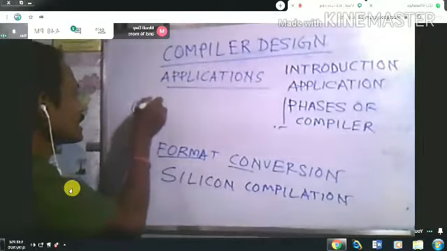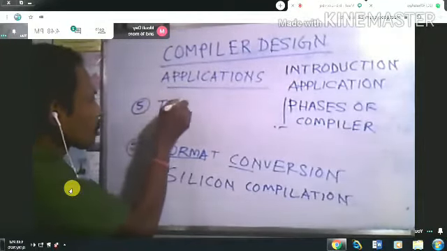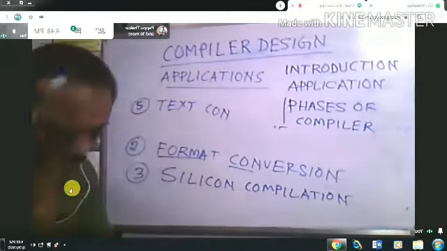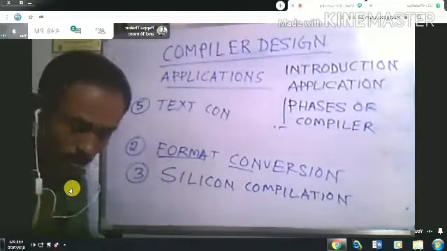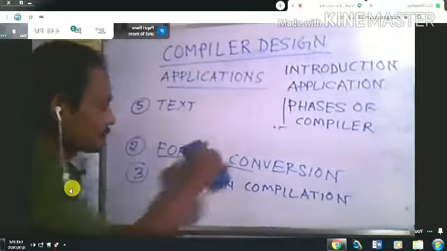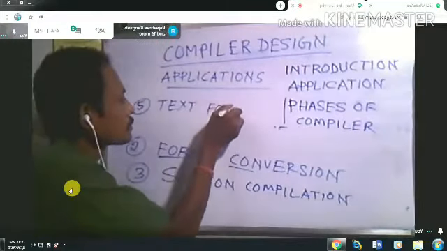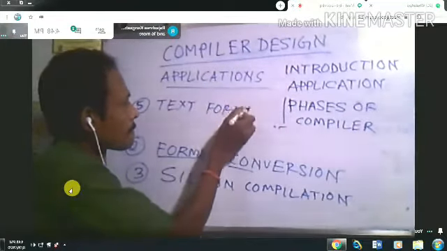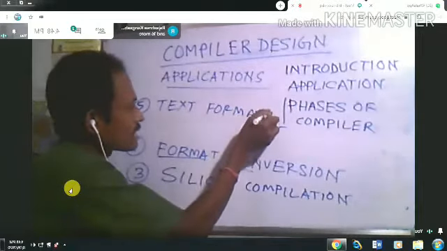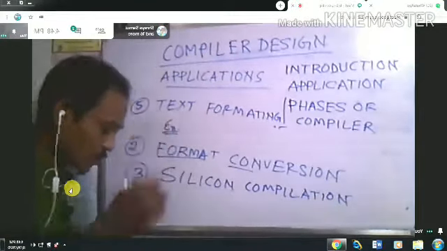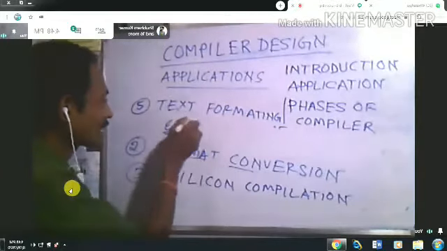The fifth application is text formatting. There is software called LaTeX.